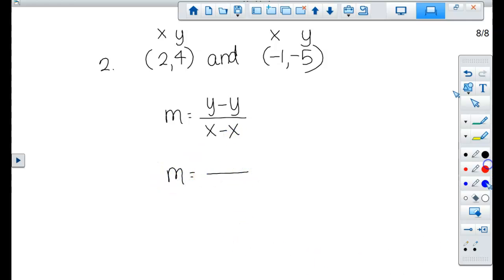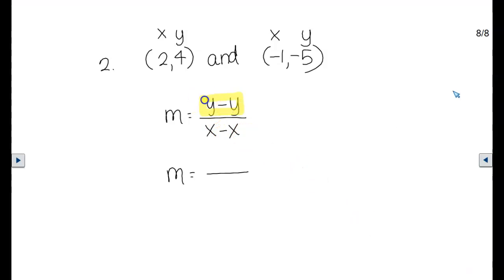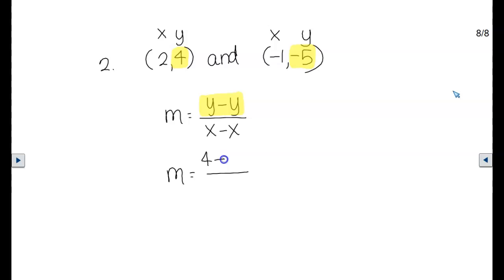All right, so here we go. On the top, we want to do y minus y. My y values are 4 and negative 5. So I'm going to subtract y minus y. So I'm going to do 4 minus a negative 5. Always we're subtracting. So it's 4 minus a negative 5.